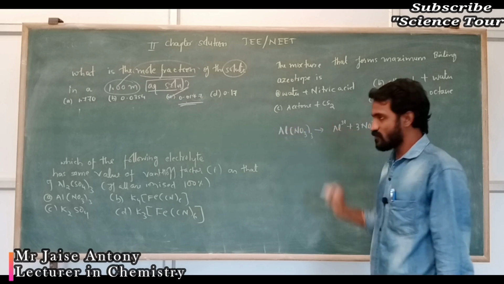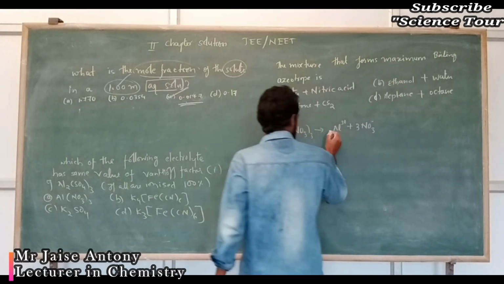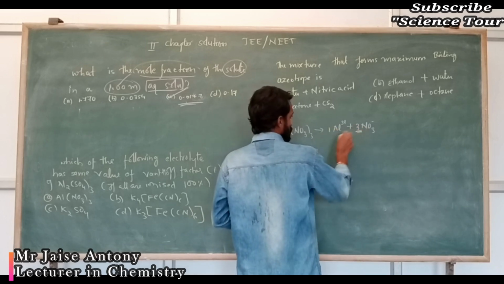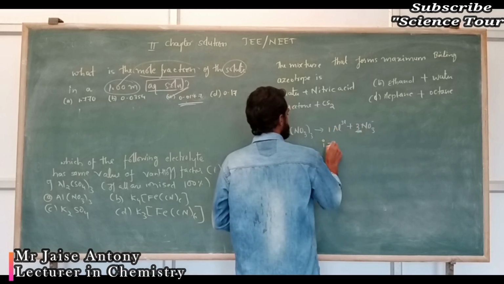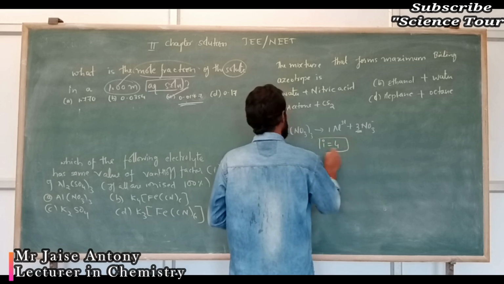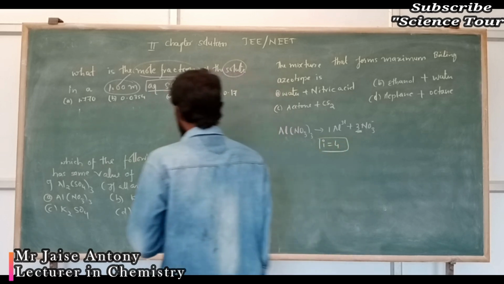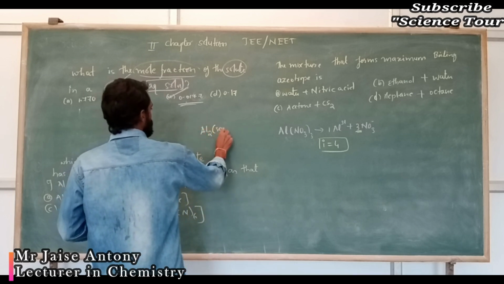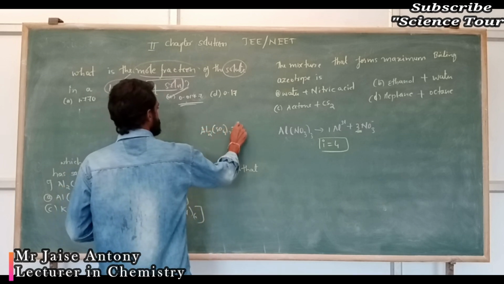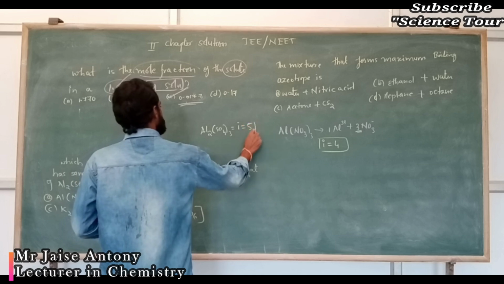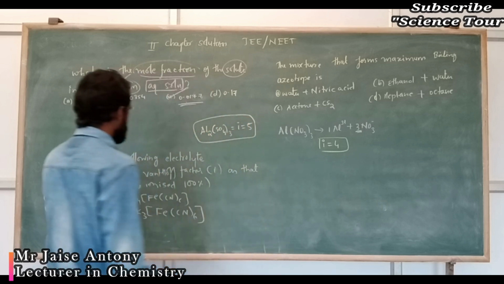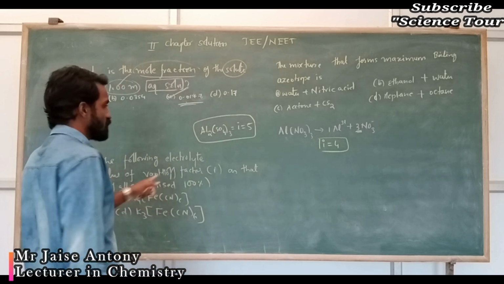Aluminum is 1. The equation is balanced. So number of ions here: 1 aluminum, 3 nitrate. Total i factor in this one is 4. So what did we get for aluminum sulfate? Earlier we discussed aluminum sulfate i factor is 5. So this you remember.